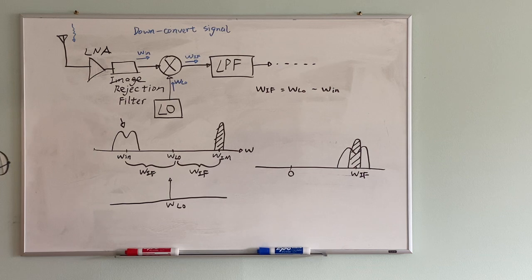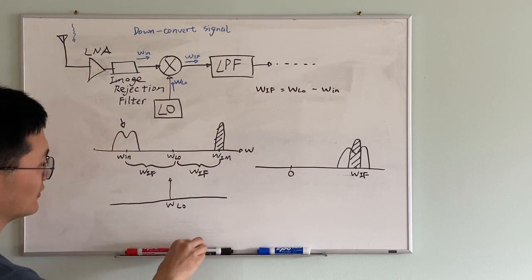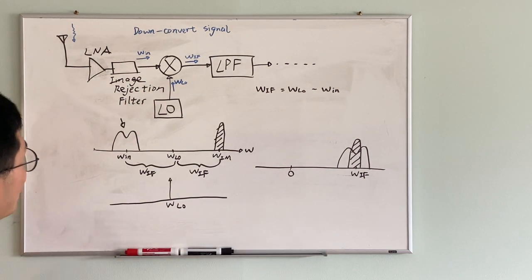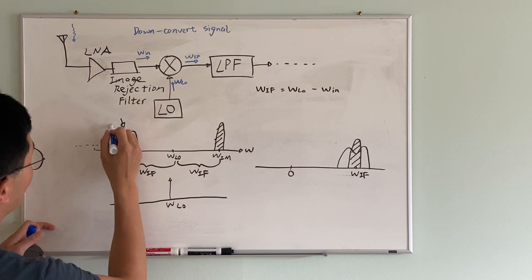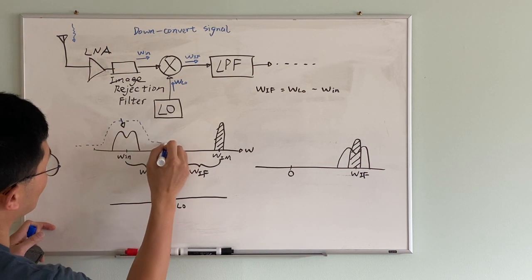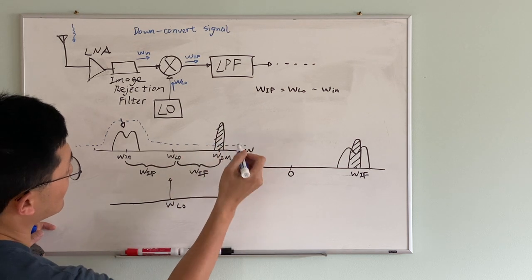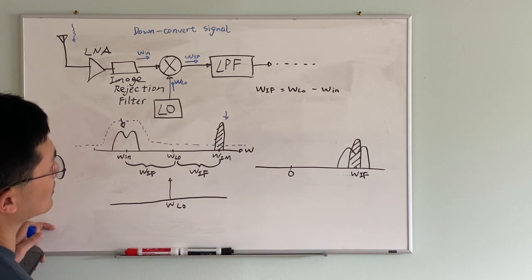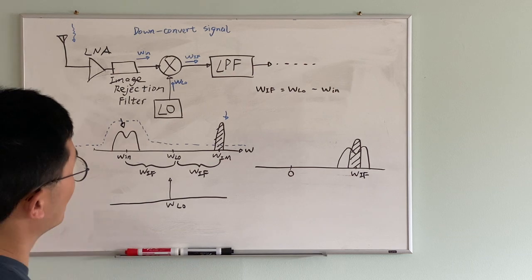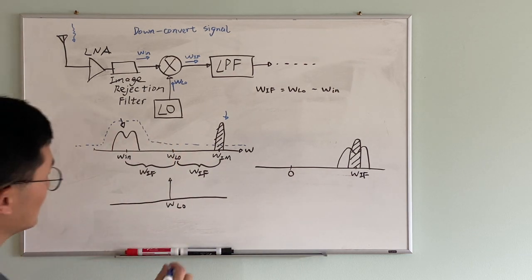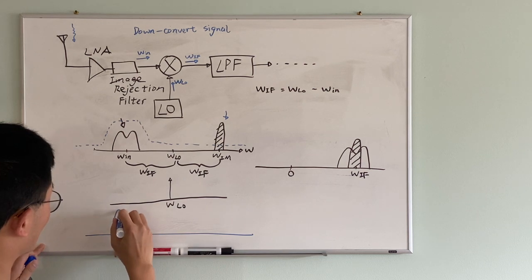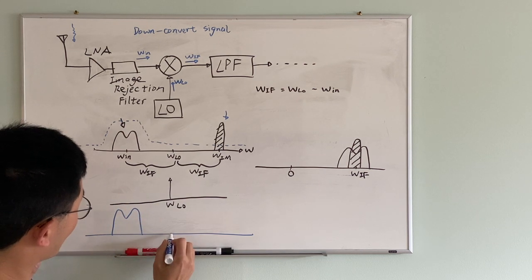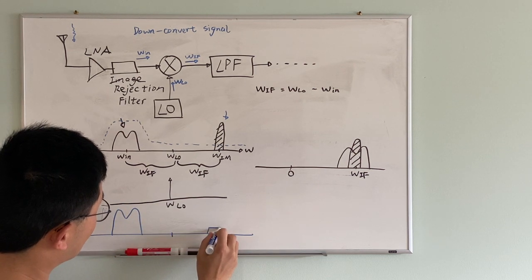Effectively, what this image rejection filter does is provide some sort of attenuation or suppression to the undesired image tone here. If we do that, this tone gets attenuated, and the resulting spectrum would look more like this.